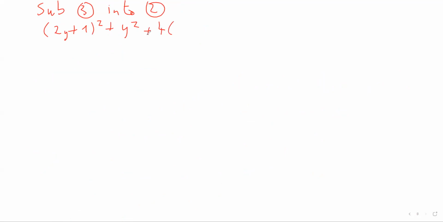Substitute equation 3 into equation 2, such that now you have (2y plus 1) squared plus y squared plus 4(2y plus 1) minus 2y minus 5 equal to 0.